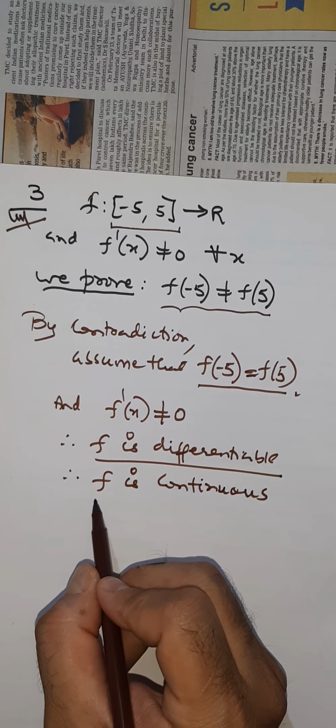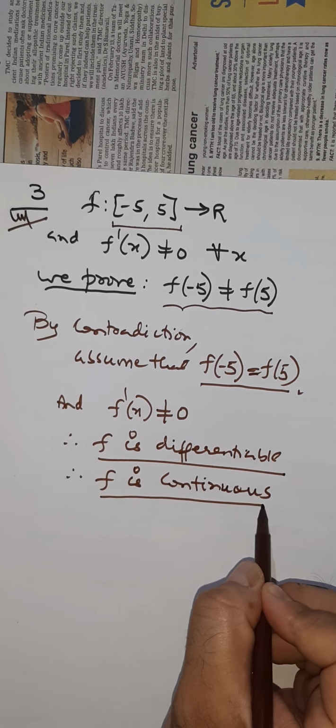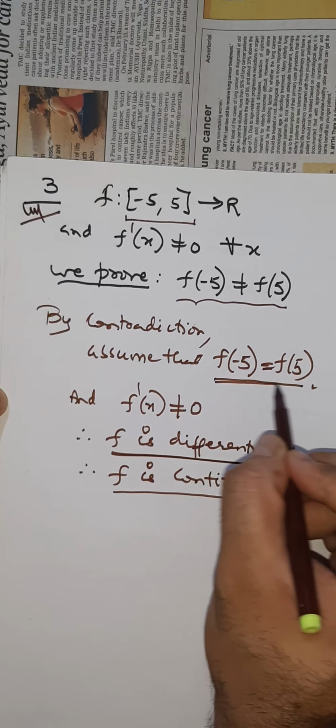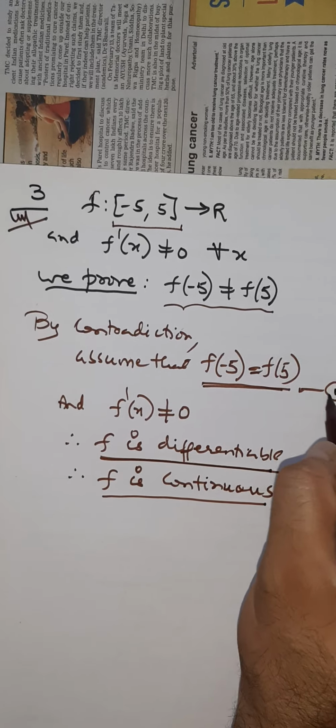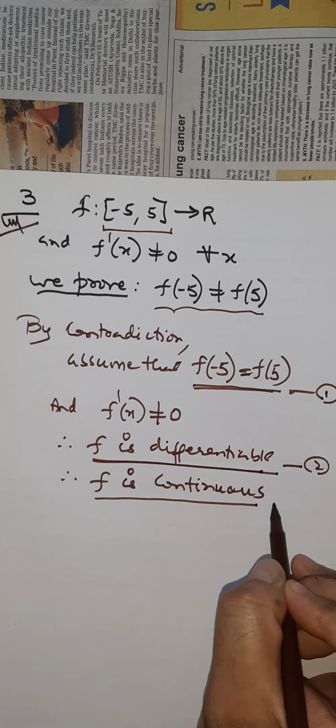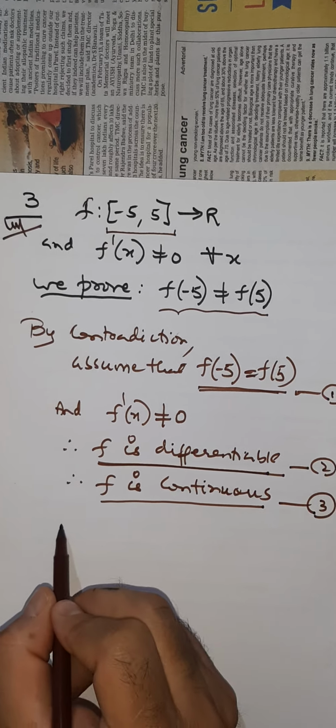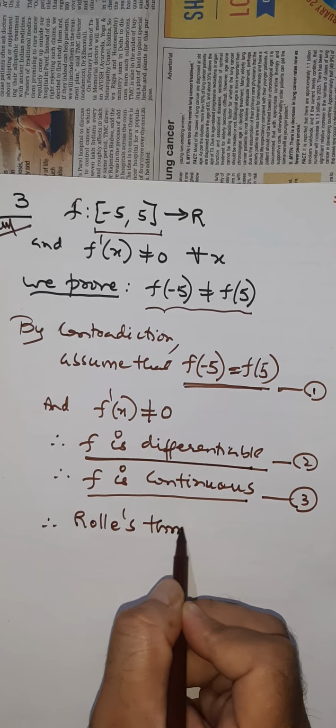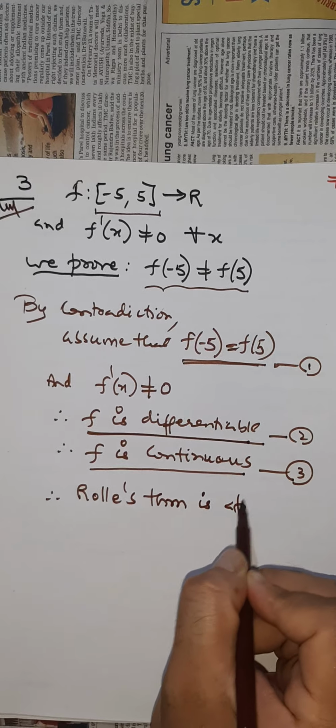So if you look at this, the function is continuous, the function is differentiable, and f of a equals f of b. From 1, 2 and 3, you can say that Rolle's theorem is applicable.